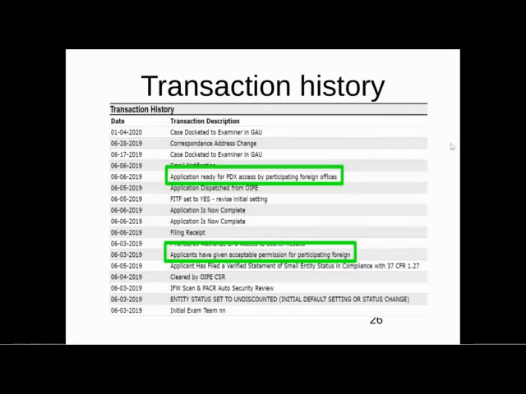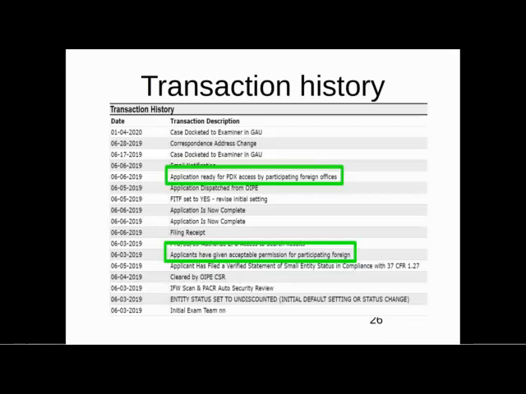Again, if you have that goal, you would also want to keep an eye on the transaction history in private PAIR, and you'd want to make sure that you have this June 3rd line here that says applicants have given acceptable permission, and then the June 6th, which says we at the USPTO actually acted upon the permission, and we actually clicked the button in our system so that it will become available to, they say PDX, and of course what they mean is DAS access by participating foreign offices.